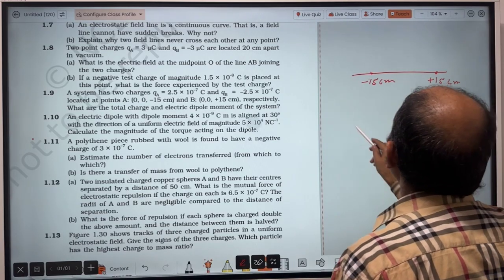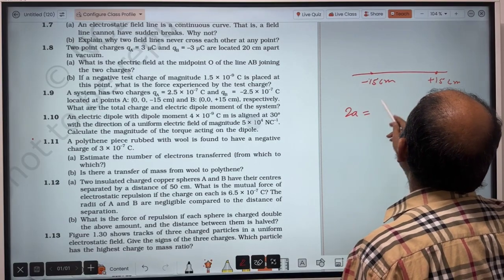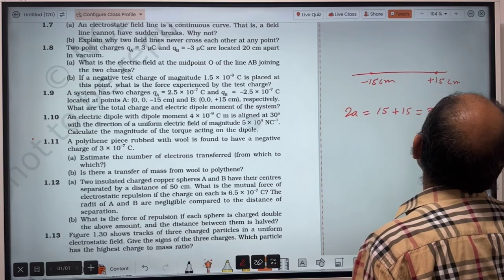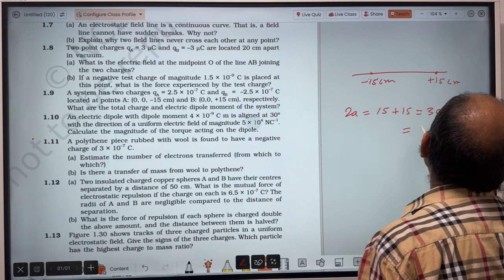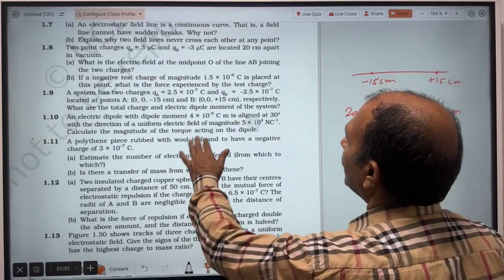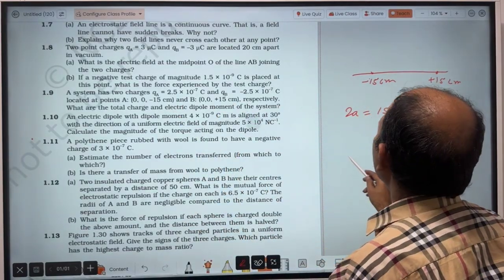So what is the total separation? We write it as 2a. 2a will be 15 plus 15, that is 30 centimeter or 0.3 meter. What is the charge? Charges are equal and opposite.